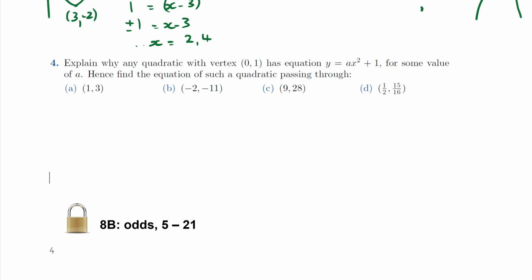Now our last question, last example, is one which just makes you stick strictly to what you know without trying to invent some new maths. So explain why any quadratic which has a vertex of 0, 1 has this sort of equation.